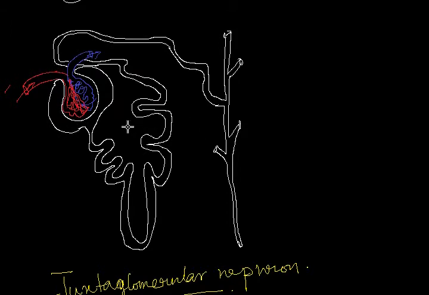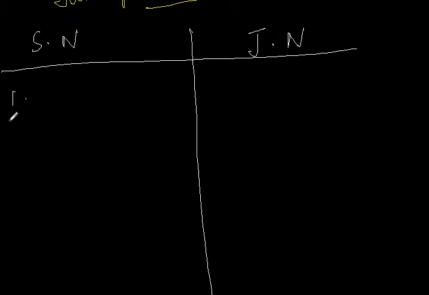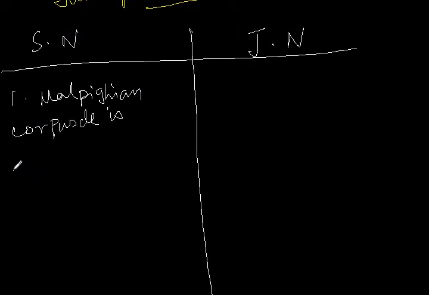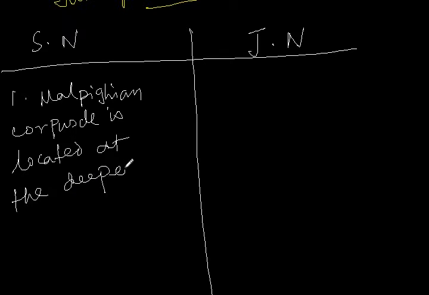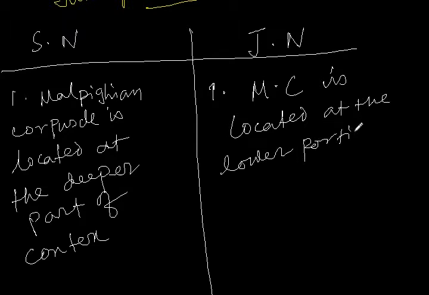In the superficial nephron, the Malpighian corpuscle is located in the outer part of the cortex, whereas in the juxtaglomerular nephron, the Malpighian corpuscle is located at the lower portion, between the junction of cortex and medulla.